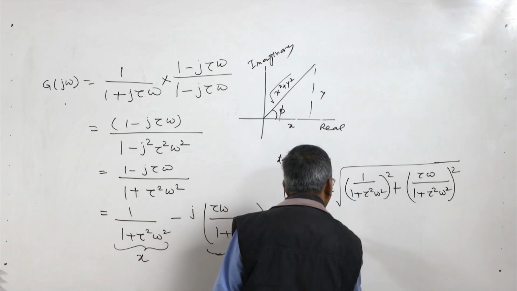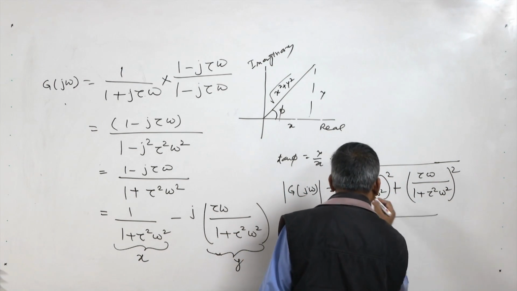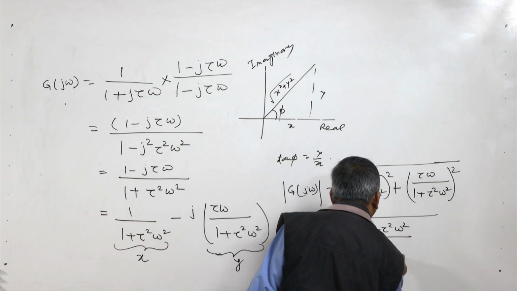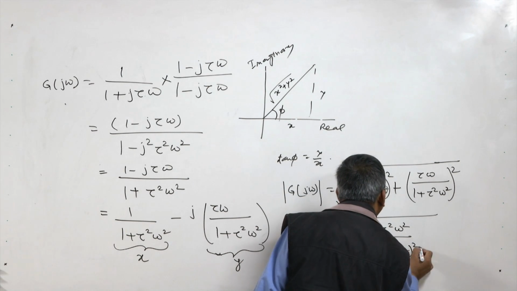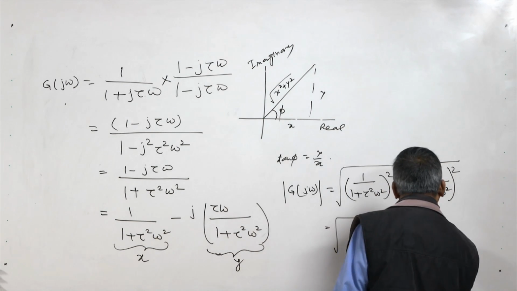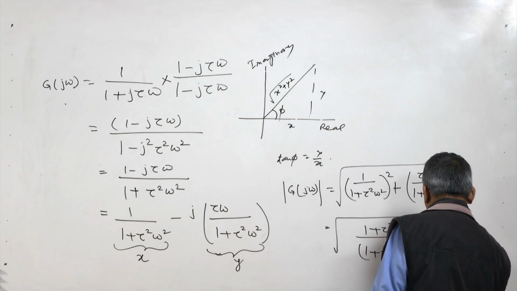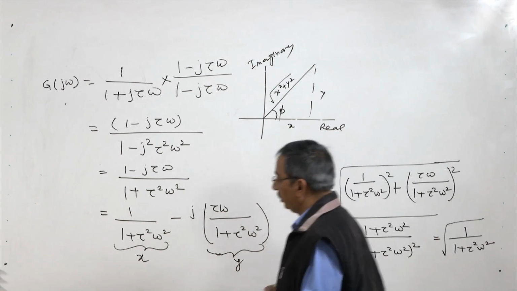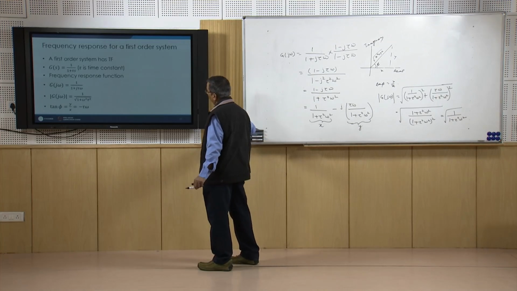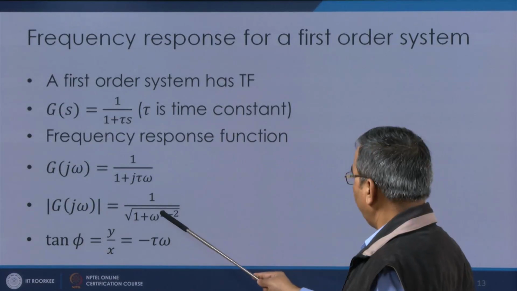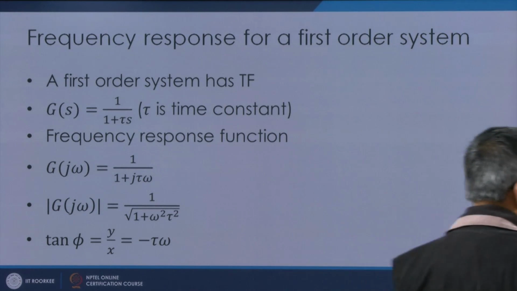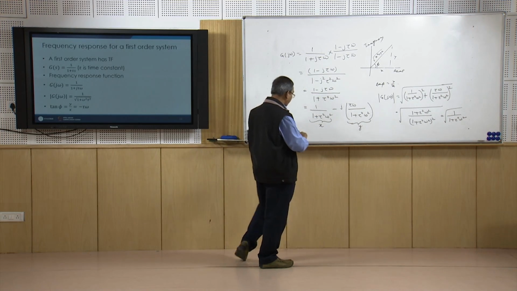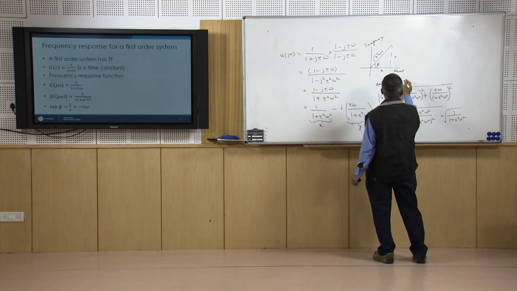So what we get is 1 plus tau square omega square divided by 1 plus tau square omega square whole square. This is nothing but under root 1 by 1 plus tau square omega square. So this is what we are getting: 1 by under root 1 plus tau square omega square. And I can find out the value of phi, that is tan phi is equal to y by x.